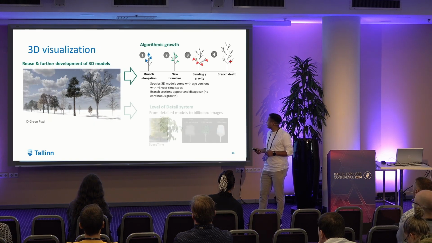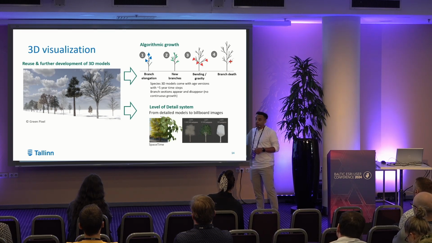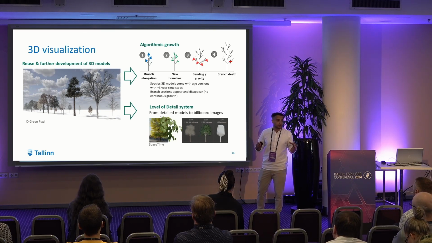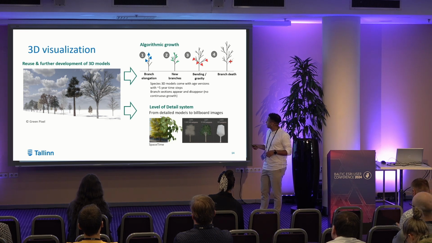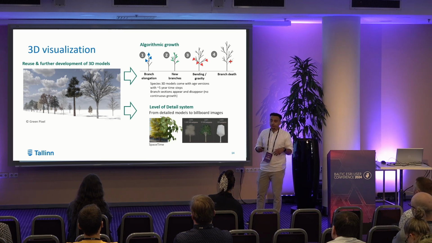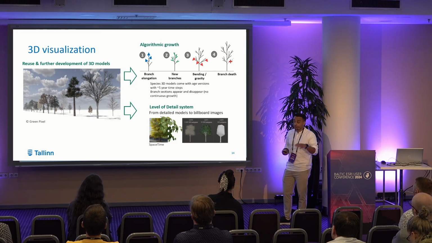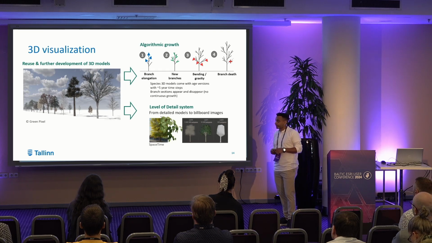And here you can see, basically we start from a small 3D model of a twig or a branch, and then there is an algorithm. The algorithm takes in consideration the branch elongation, how many new branches are generated in each tree, how does the gravity affect the bending of each tree species, and also the branch death rate, how does it happen for each species.